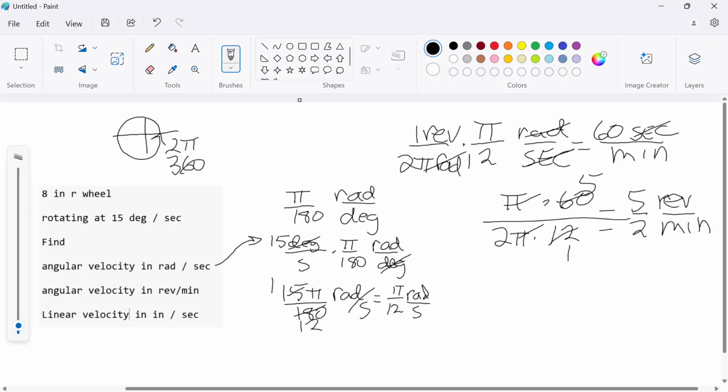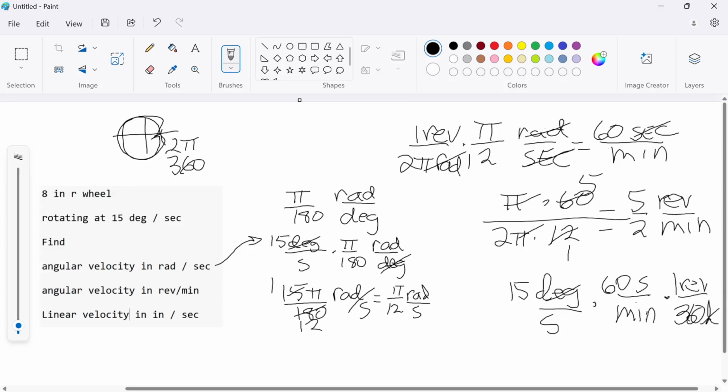Let me convert the degrees per second. It'll be the same kind of conversion: 15 degrees per second times 60 seconds per minute. And remember, one time around is 360 degrees, so times 1 revolution per 360 degrees.